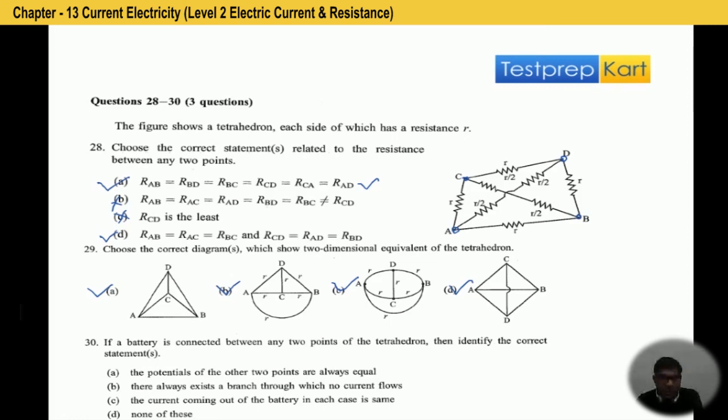That is evident in all these circuits, all these equivalent diagrams. So all four options are possible.